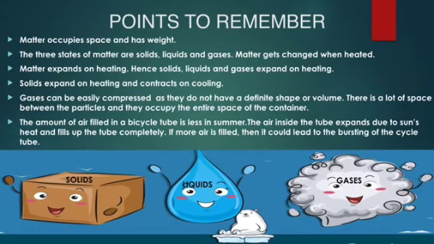Sixth one, the amount of air filled in a bicycle tube is less in summer. The air inside the tube expands due to the sun's heat and fills up the tube completely. If more air is filled, then it could lead to the bursting of the cycle tube.